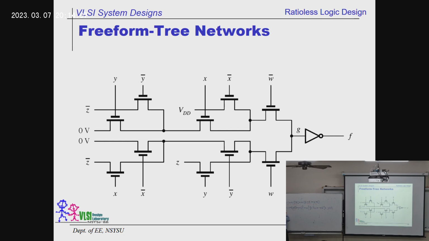See that? We take the first term as example. This is what you do. This is X bar, and this is W bar. You work from the right-hand side to the left-hand side in order. That's one, going to the output. And the second term, this is Z bar, right? Z bar, then you go this way.